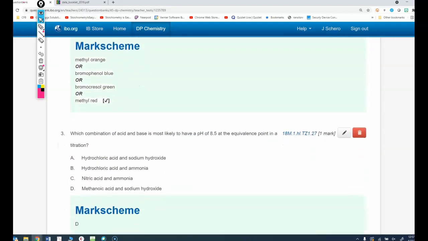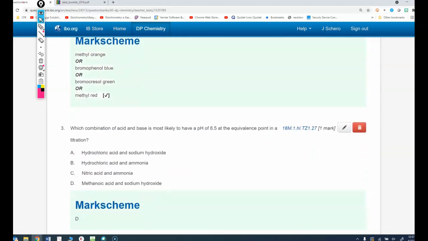Okay. This next question: which combination of acid and base is most likely to have a pH greater than 7? So let's label this, a pH greater than 7. And you know that a pH greater than 7 is the combination of a weak acid with a strong base. So we need to go find a weak acid and a strong base. I'm going to label things. Hydrochloric acid is a strong acid.